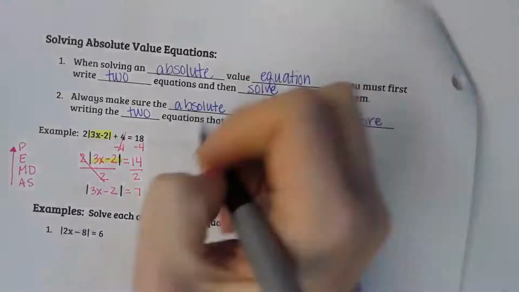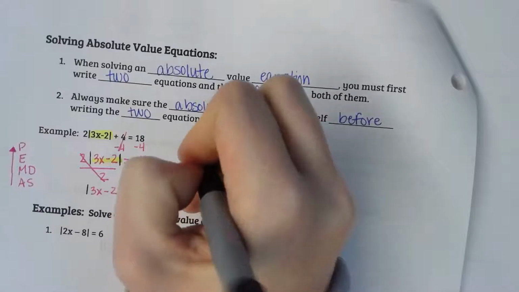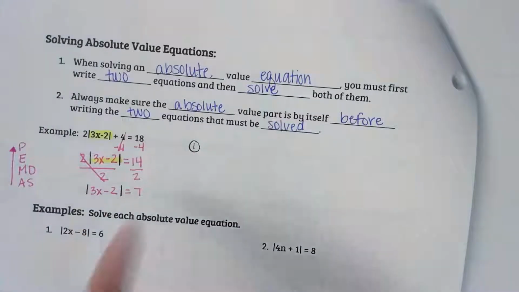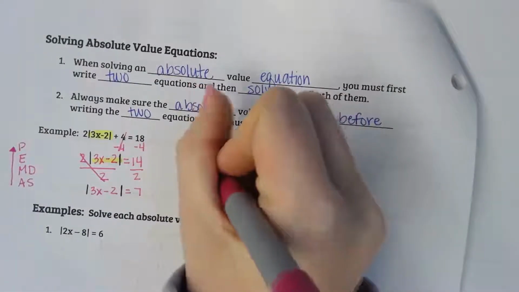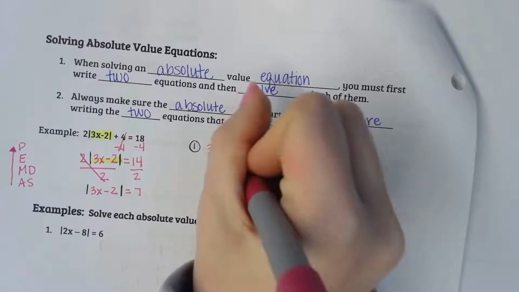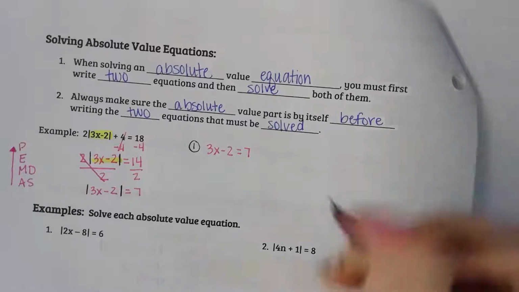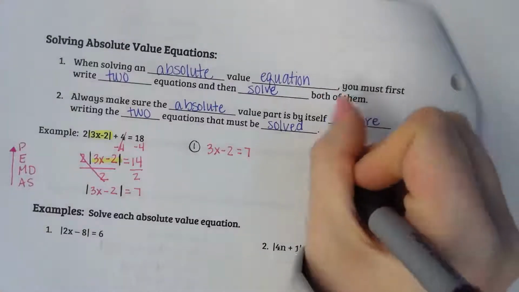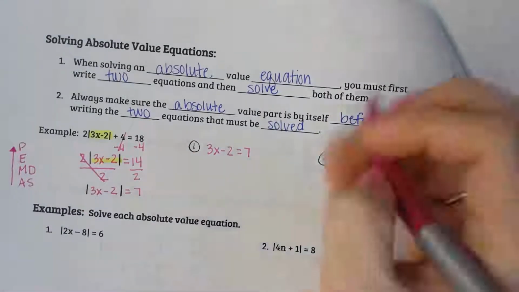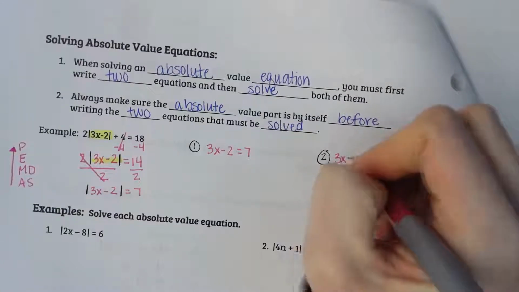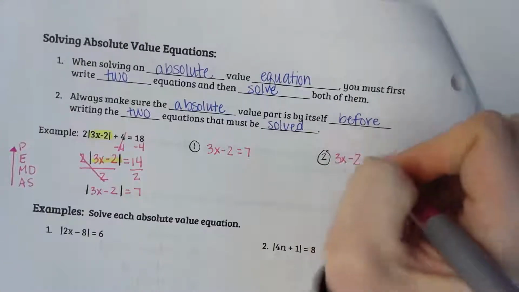So your first equation is you are just going to drop the bars and call it good. So it's going to be the 3x minus 2 equals 7. Easy enough. And then your second one is going to be your 3x minus 2 equals a negative 7.